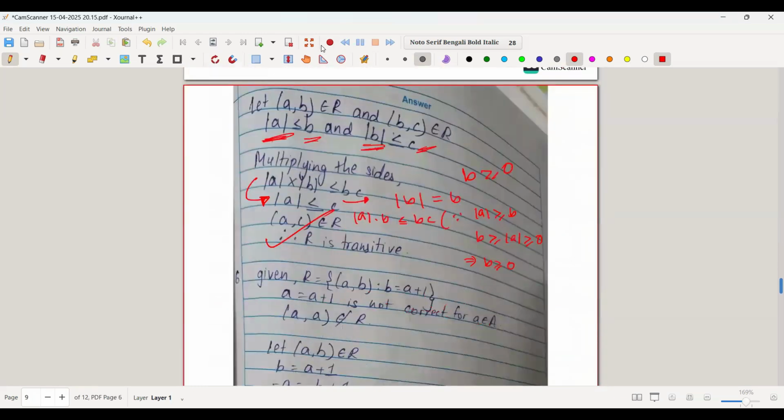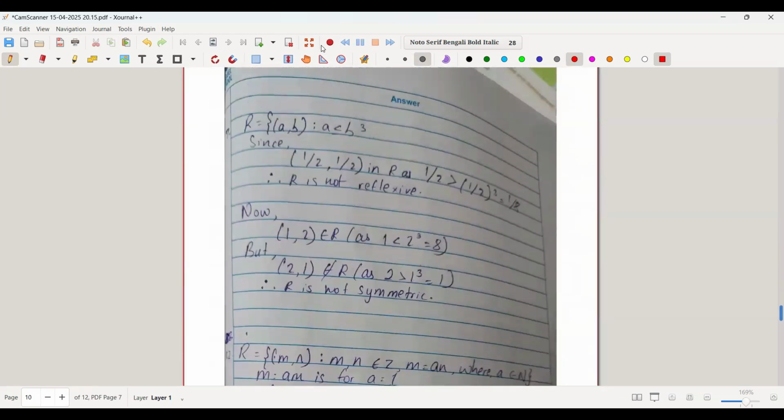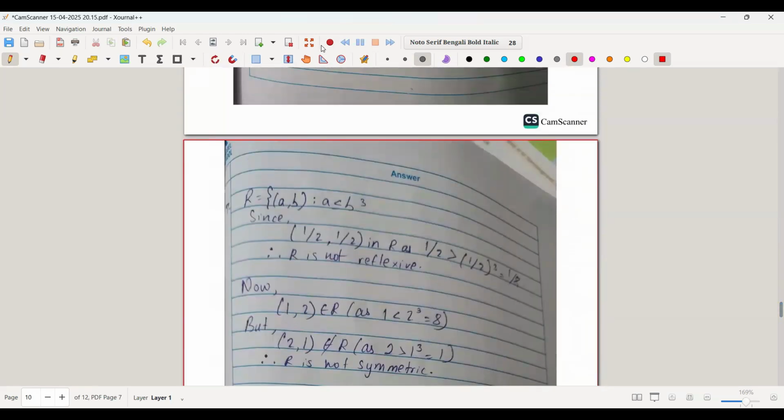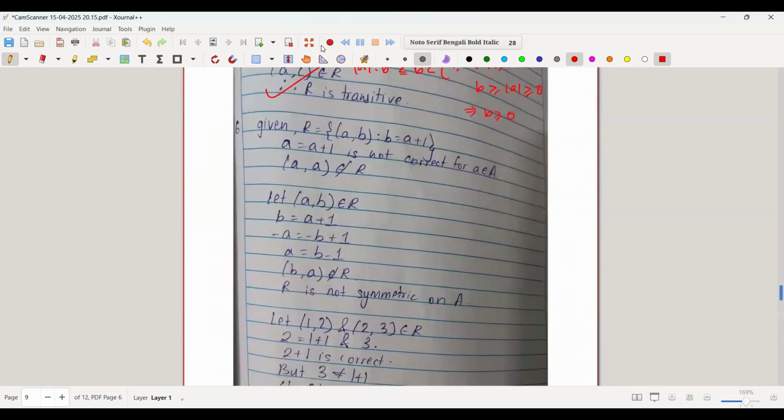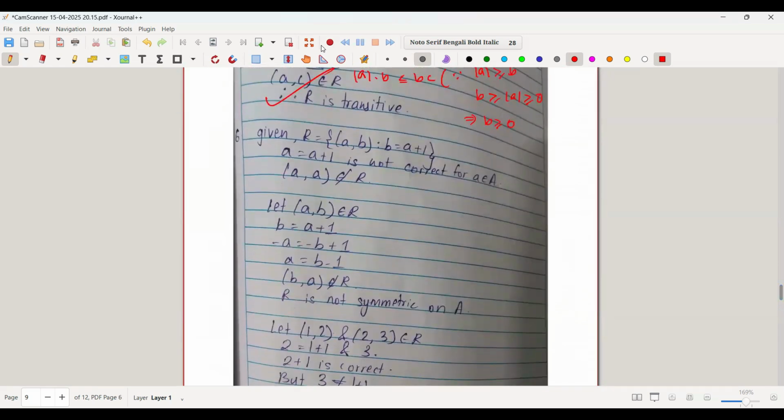Question number 6. This is B equal to A plus 1. In the previous class you have done writing the relation R in roster form: (1, 2), (2, 3), and now you have done this. This is okay.